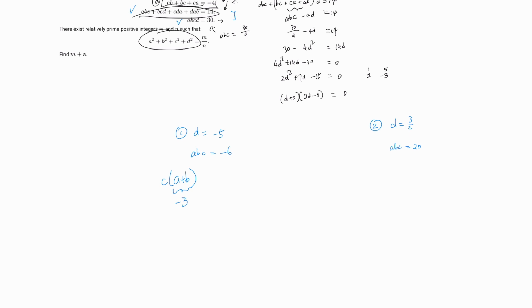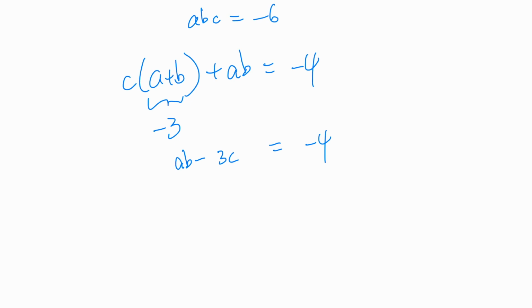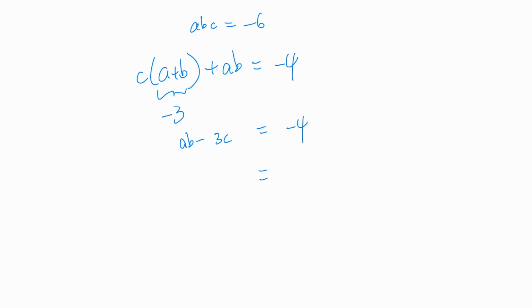This is negative 3 plus AB is equal to negative 4 over here. So AB minus 3C is negative 4, and AB, we can write that as negative 6 over C.